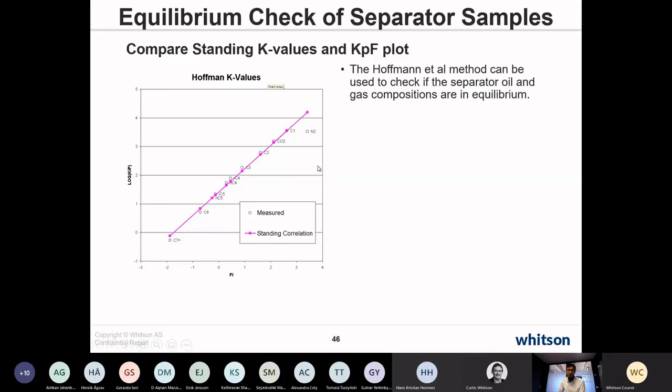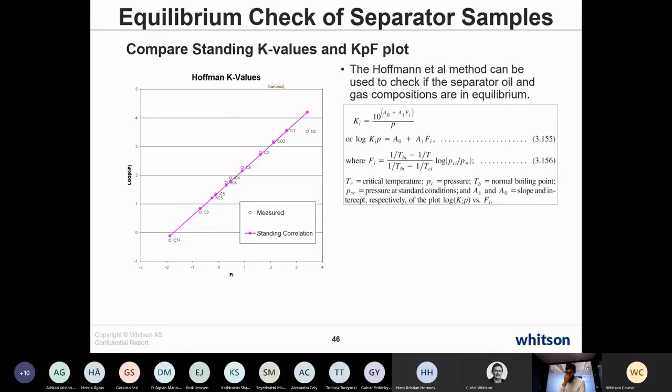So this method is the Hoffman et al. method, and these are the equations. So Hoffman, that's this paper, Hoffman and Crump, that Curtis was mentioning when he was commenting on this isokinetic sampling. And what they have proposed in the method is that the log of KiP should be a linear function of Fi, where A1 and A0 are the slope and intercept.